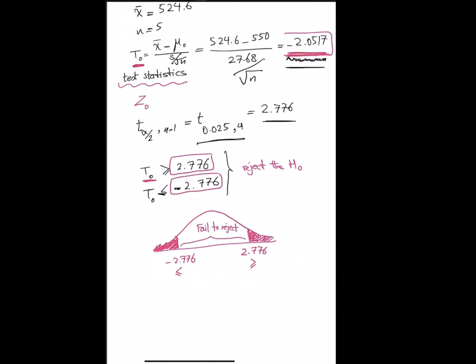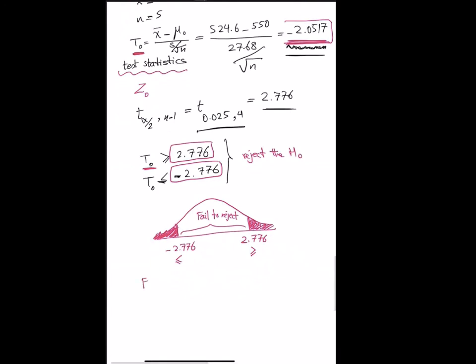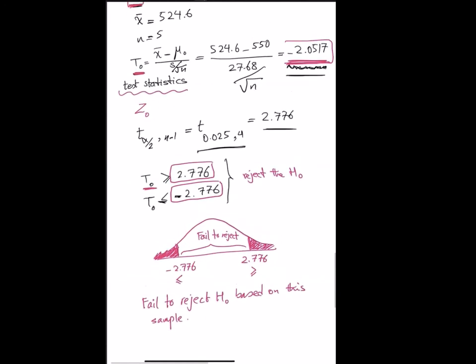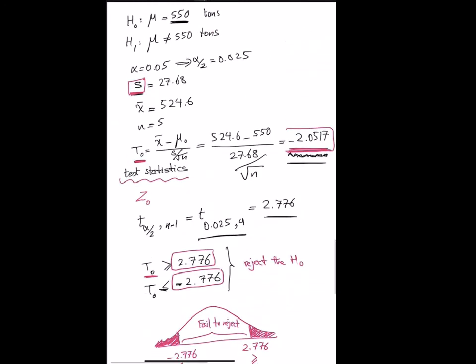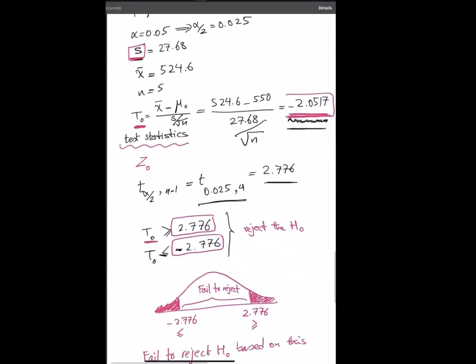So because the value of my test statistics is in the fail to reject area, it's not in the rejection area, then the conclusion of this test is that we fail to reject the null hypothesis based on this sample. So we fail to reject that the average of the crops we can get from this land each year is about 550 tons.